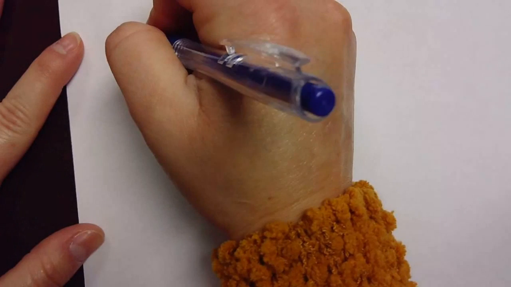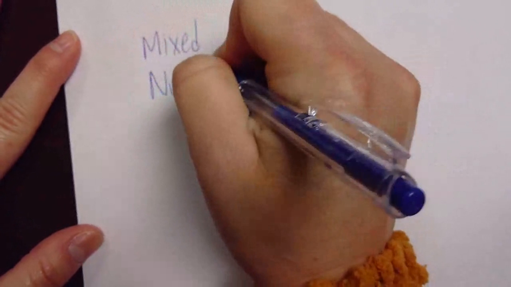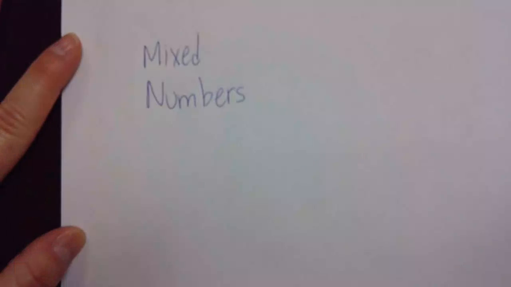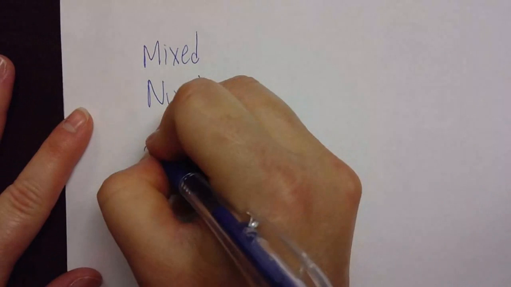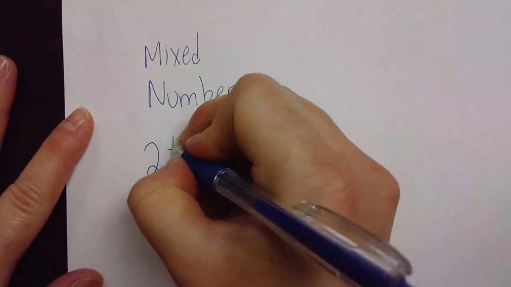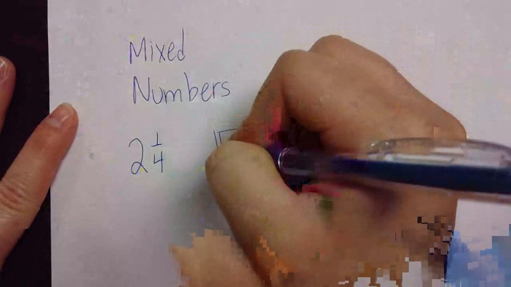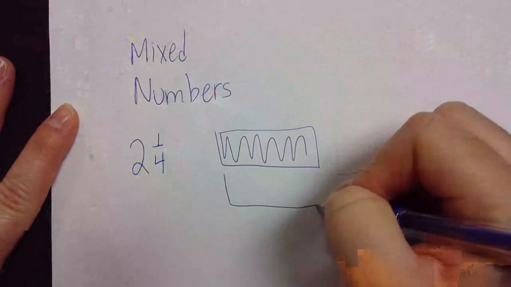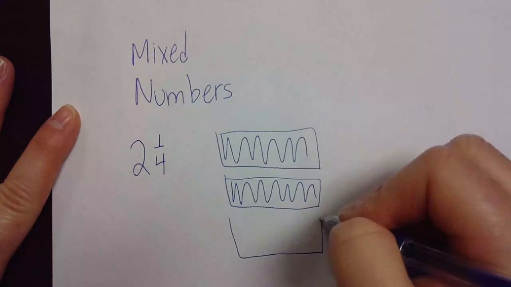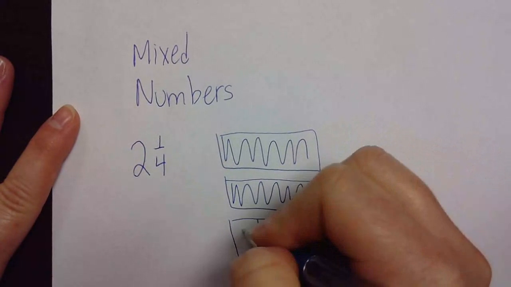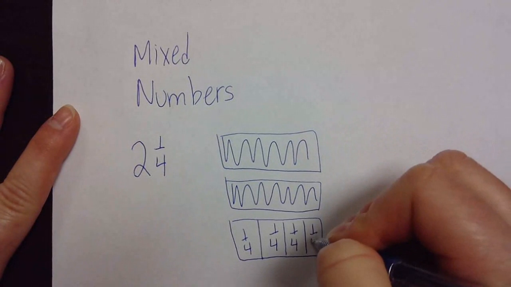Another thing we're going to be looking at today is mixed numbers. So a mixed number is when I'm going to mix a whole number with a fraction. So let's say I have 2 and 1/4. That would mean I would have 2 wholes, and these are all 4s because I partitioned my whole into 4 equal parts, or as best I can anyways.